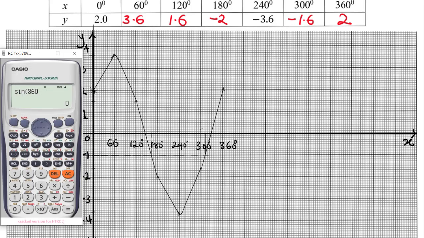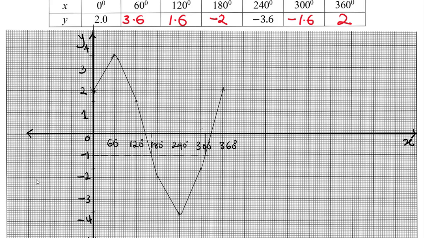So 7 times 6 is 42. And we add it to the 120 degrees. 120 degrees plus 42 degrees gives us 162 degrees. So it's going to be 162 degrees up here.